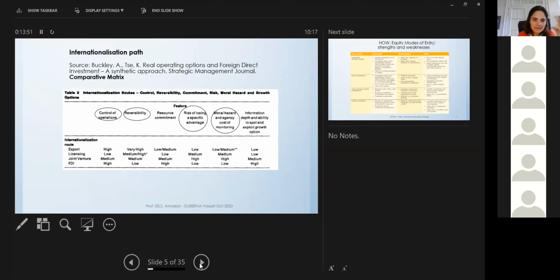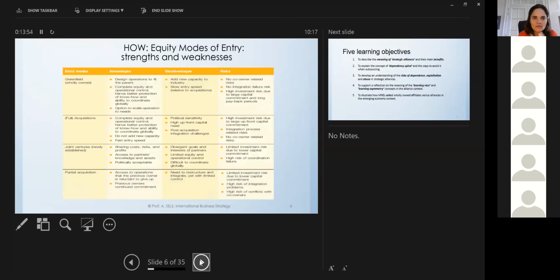Then I wanted to add, because then you see the framework of all the types of entry modes, and the link between all these chapters. Here I have an interesting overview, because I know that many of you are maybe thinking about acquiring a company or setting up a greenfield in combination with the ownership decision.